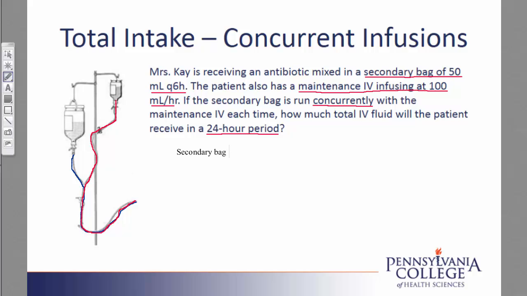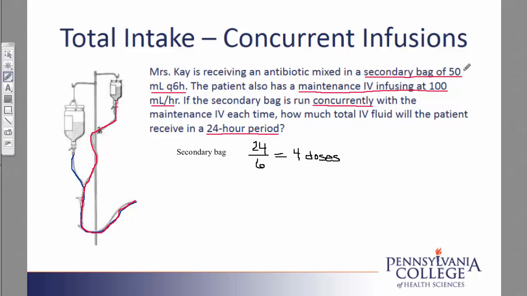First, we will work with the secondary bag. Because we are working with a 24-hour time period, and it is to be given every 6 hours, we can take 24 divided by 6 and calculate that they will receive 4 doses of the medication in the secondary bag, or 4 bags of the medication.